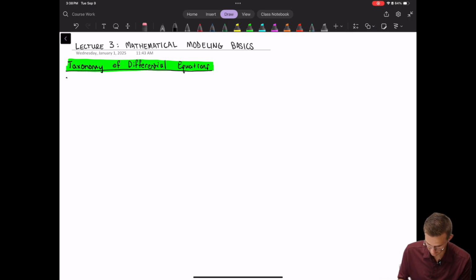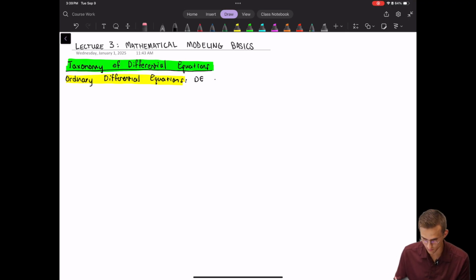So the first thing that we'll discuss is ordinary differential equations. I think I may have said this one, at least verbally, in the last lecture, but an ordinary differential equation is a differential equation, which I'll abbreviate DE, with only one independent variable.